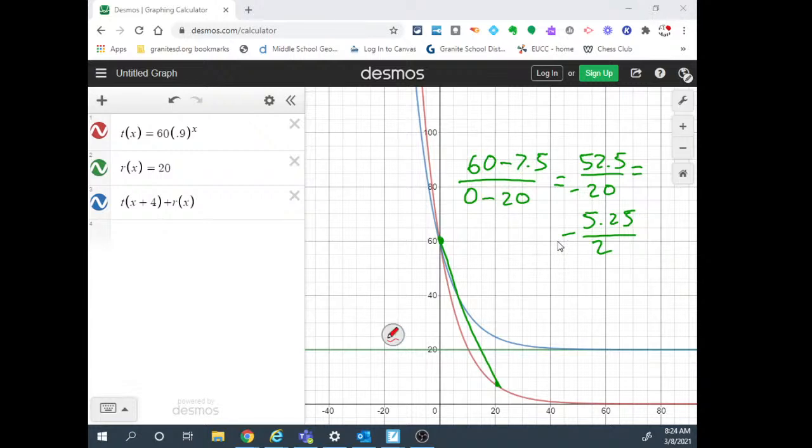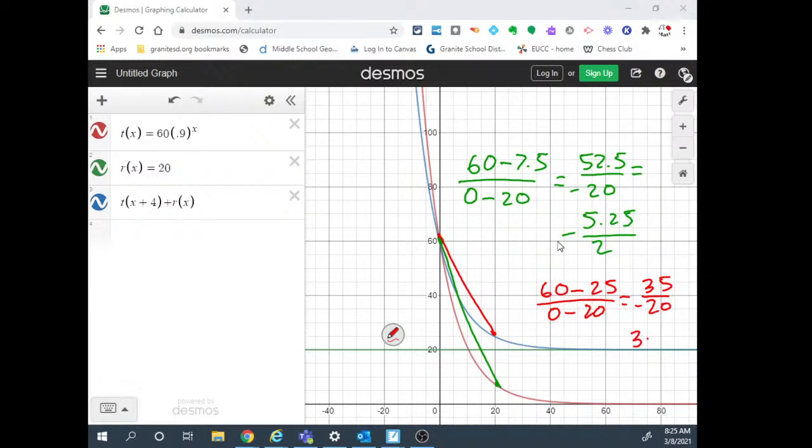What about the blue line? That's going from 60 to 25 over 0 minus 20. What are we getting here? Like 35 over negative 20?